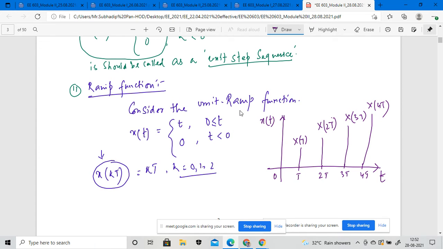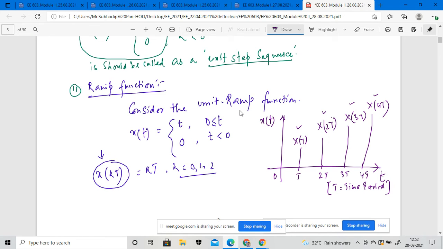So if it is a sampled unit ramp signal, this is your first signal, this is your second signal, this is your third signal, and this is your fourth signal for the different values of the time period, right? T is nothing but my time period.